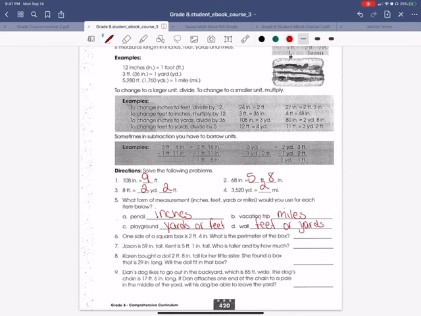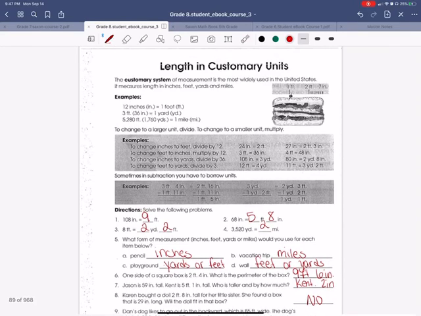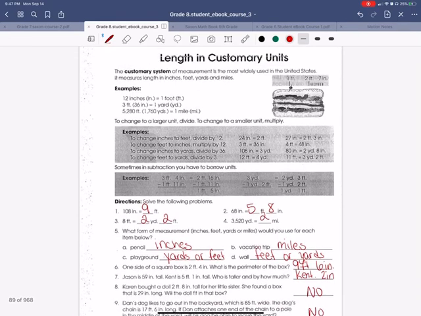Number 6 is 9 feet, 6 inches. For number 7, Kent, and he's taller by 2 inches. Number 8 is no, and number 9 is no. And that is all of the answers to the very first page, length and customary unit.